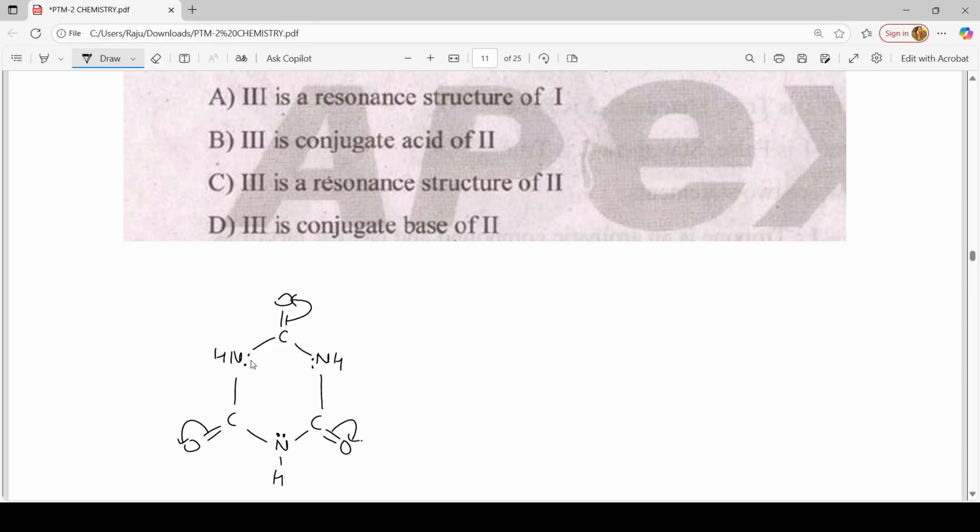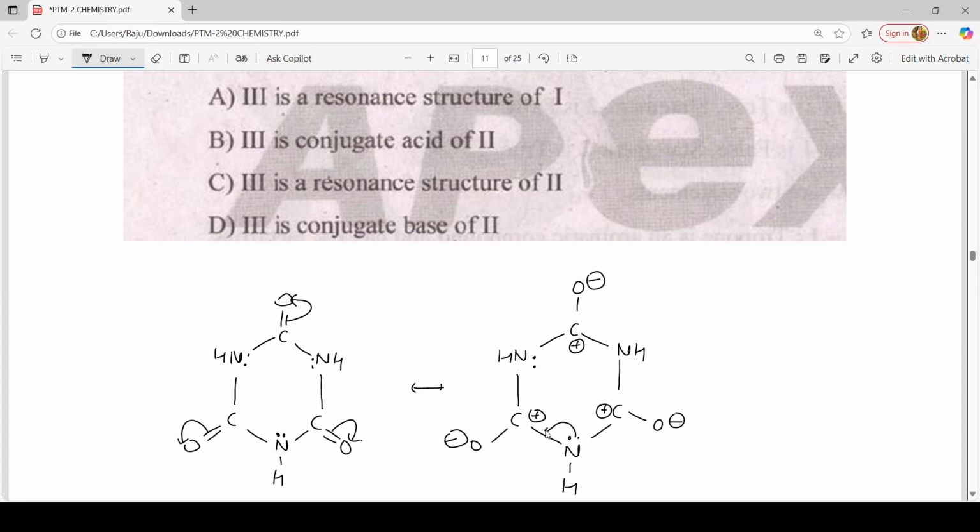So the nitrogen lone pair of electrons generally stabilizes the carbocation. If the lone pair of electrons and the carbocation are on adjacent atoms, the lone pair of electrons moves towards the carbocation and stabilizes it.